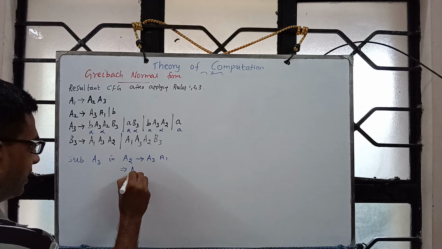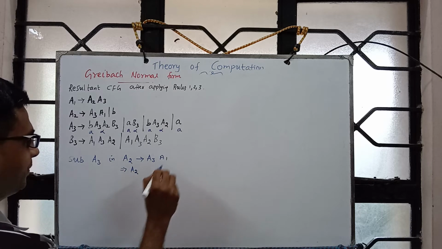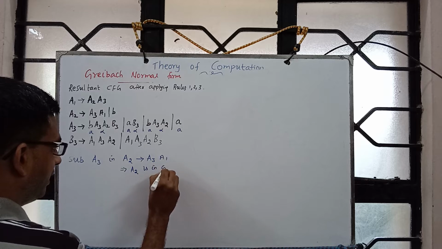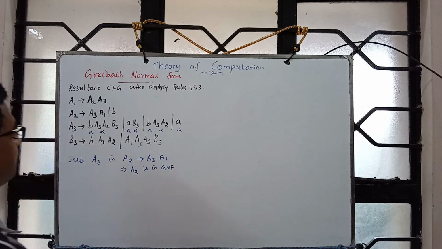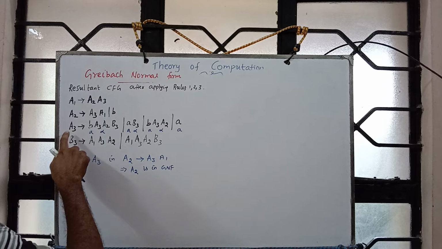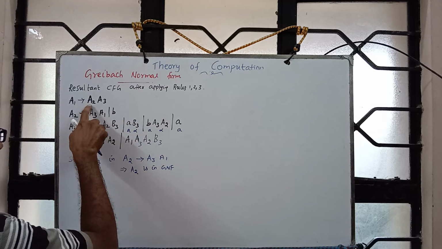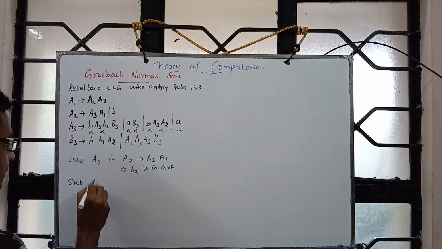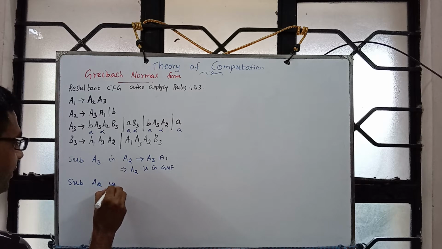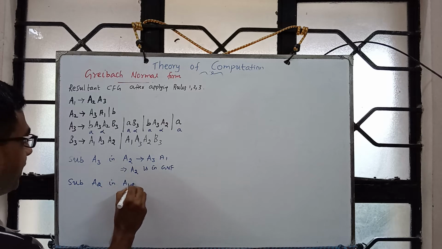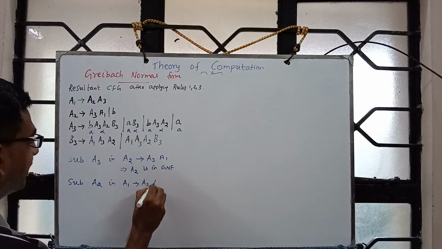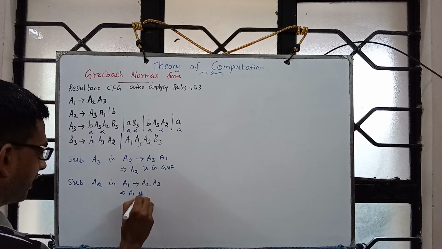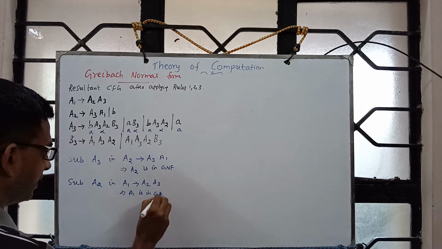All productions that begin with A2 will be in GNF. After that, I'll substitute here. Order is important. So substitute A2 in A1 implies A2 A3. This implies that A1 is in GNF.